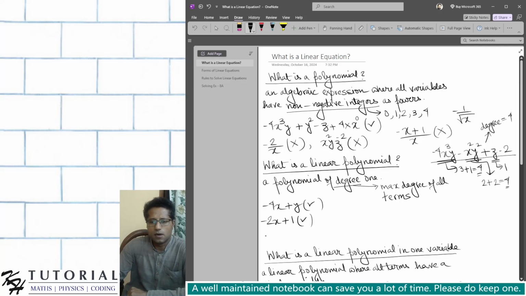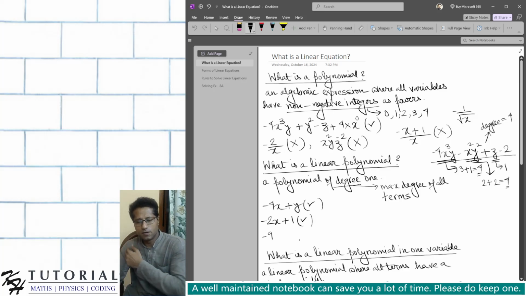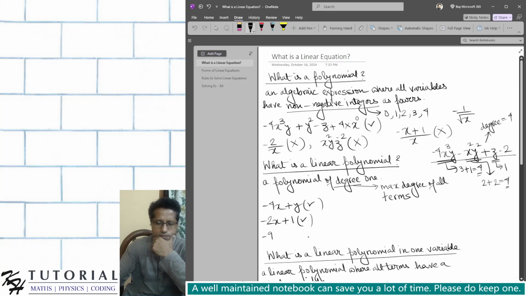But what about minus 9? This is obviously a polynomial, because it has only one term, minus 9, which is a constant term, and as I said, a constant term has degree 0. So this is definitely a polynomial. But is this a linear polynomial?